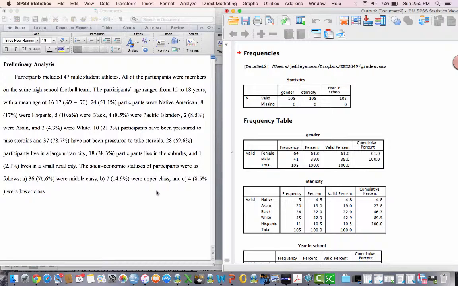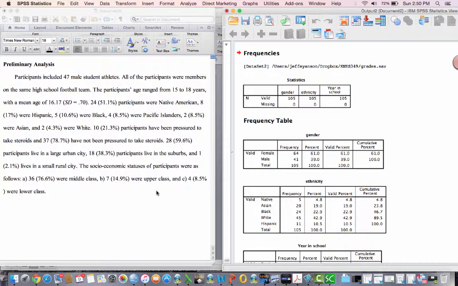Descriptives are the same. The preliminary analysis will look the same. So I'm using the frequency data as an example of what you're looking at inside of SPSS, transferring it over to your Word document for your final draft or final result for your preliminary analysis. Remember, this is very important.